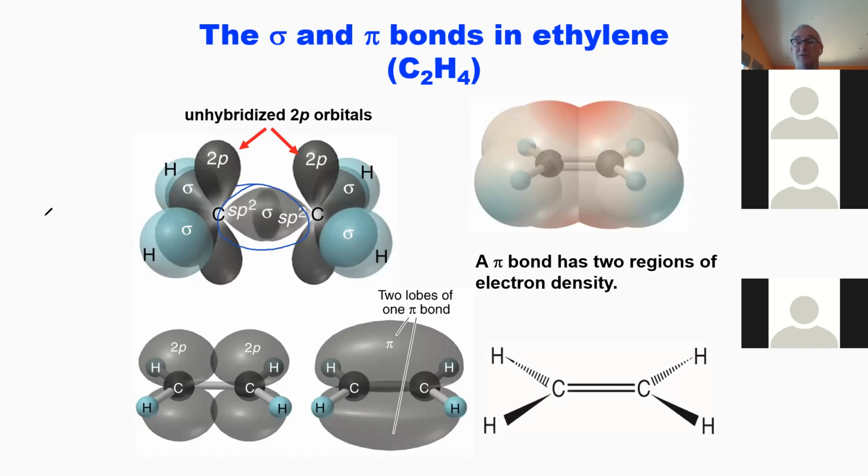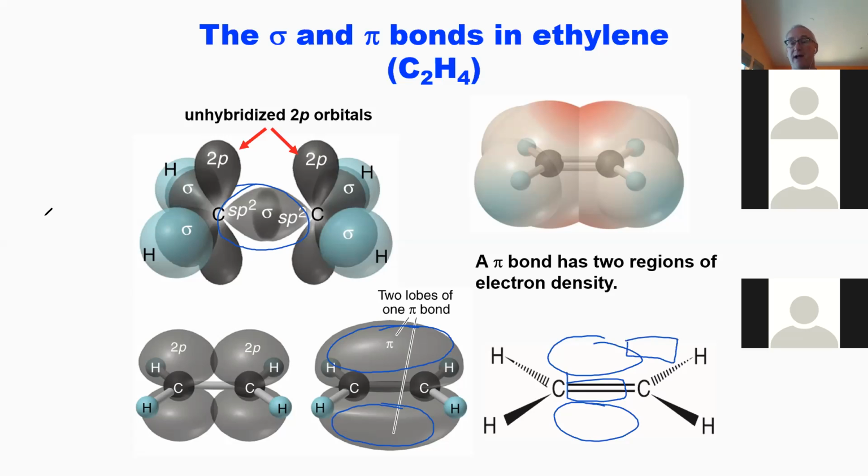But remember, the pi bond was really weird because it had an electron up here, an electron over here. So basically it had electron density above and electron density below. So above here and below. And remember, when we added another bond, then we had electron density in front and electron density behind.